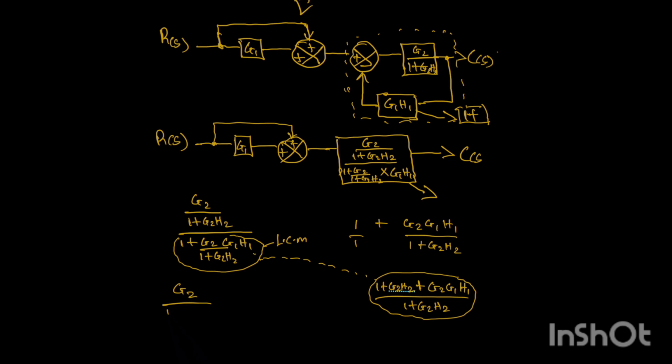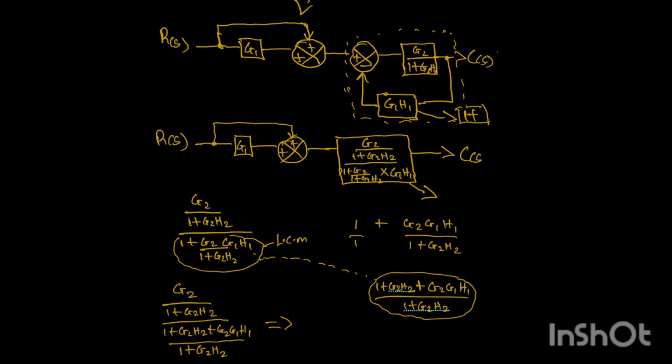So rewriting it, I'll have G2 all over 1 plus G2H2, all over 1 plus G2H2 plus G2G1H1 all over 1 plus G2H2.